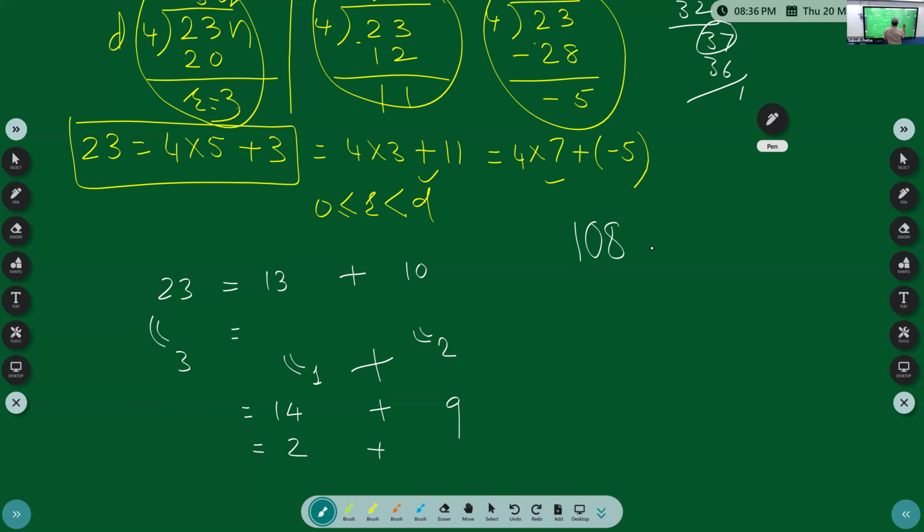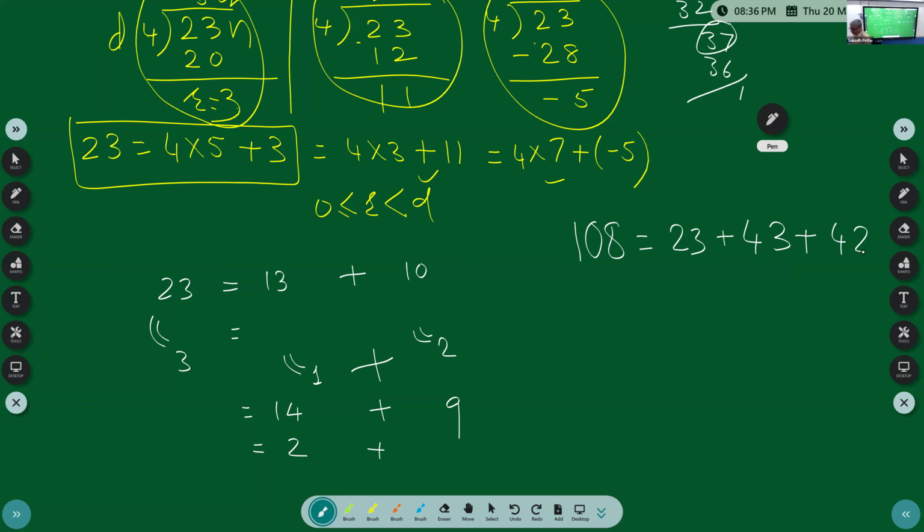108 is equal to... Now what I am trying to get is, let me get the addition of remainders bigger than 4. Give me a number which will leave remainder 3, 23. One more number which will leave remainder 3, 43.